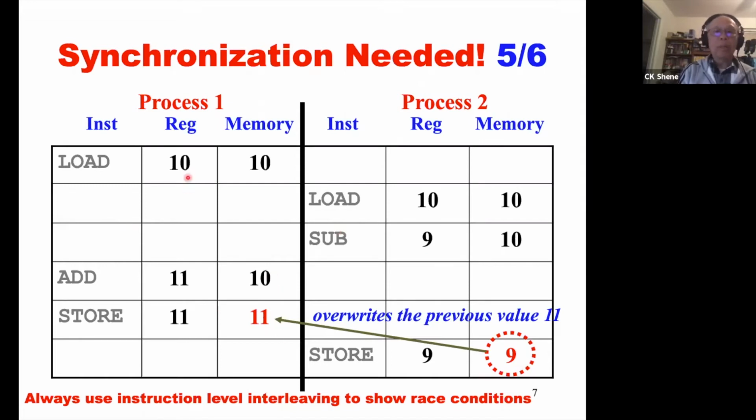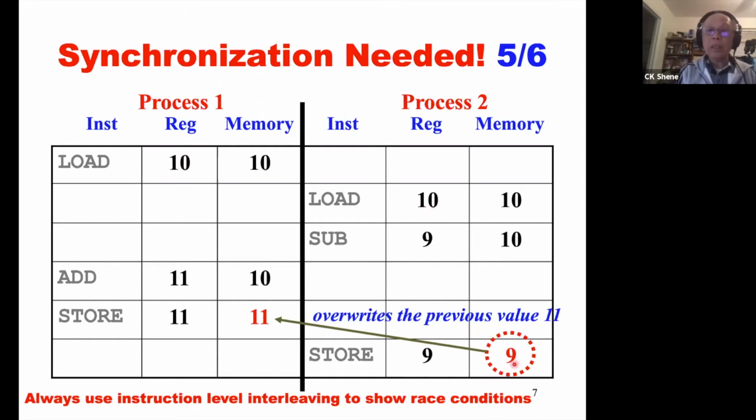Always remember, when I list the register value here, this register is different from this register, because this register is in the context of process 1 and this register is in the context of process 2. They are different things. When process 1 is switched out, 10 is saved to its PCB. When it is switched back in, the original value is reloaded back to the register. So we see one possible value is 9.